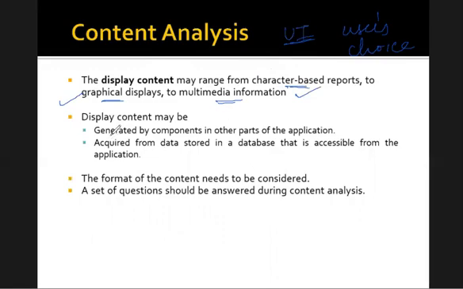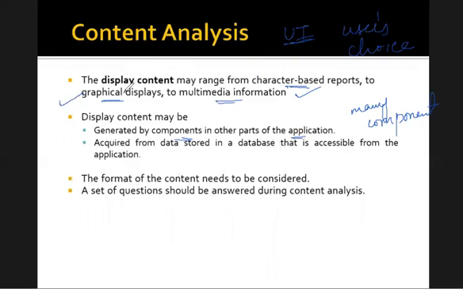Now this display content, that is these character based files, graphical displays, or these multimedia files, can be generated by components in another part of the application. That is, one particular application is composed of many components. So which component is going to perform that specific task can be decided, and then forwarded to another component. The next is acquired from data stored in a database.